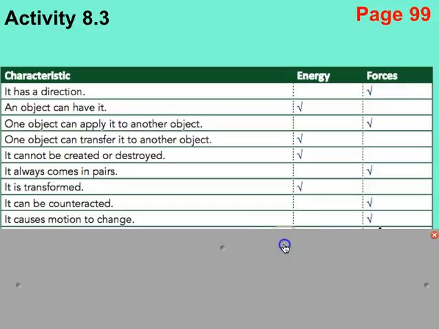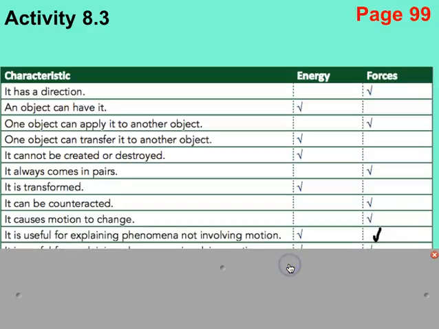Forces cause motion. Now, it is useful for explaining phenomena not involving motion. Originally the book had energy here, but I also put a check mark here, because if there's no force, or if forces are balanced, it could explain why there's no motion, because it's balanced. So we added this check mark here, so it would be both.